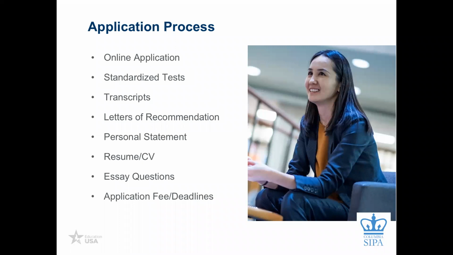For example, at SIPA, we accept both the GMAT and the GRE, and we don't have any minimum score requirements. This is a question that we often get from applicants: what is the average or what is the minimum? We don't have a minimum score, but you might want to check with the institution that you're interested in to see if there is a minimum score and how you can best reach that threshold.